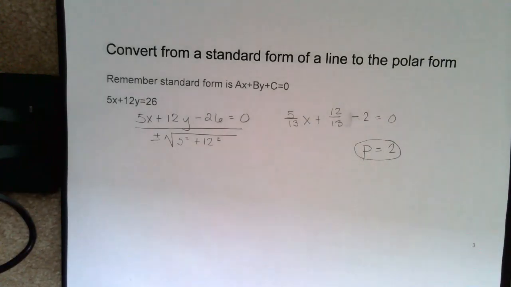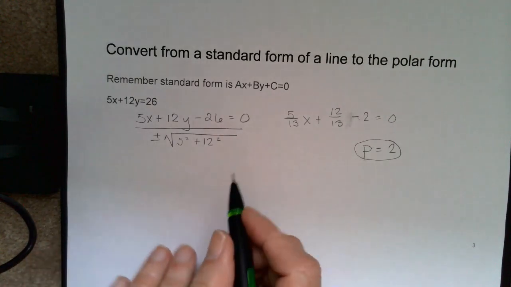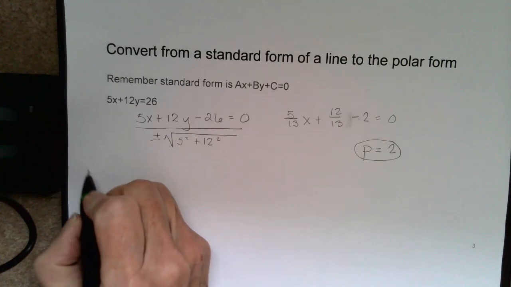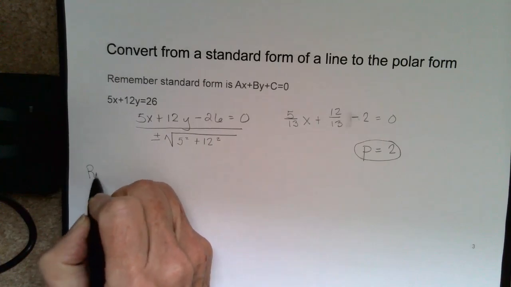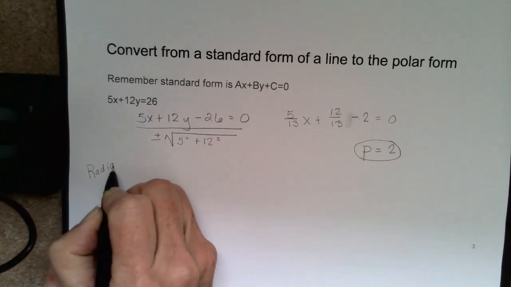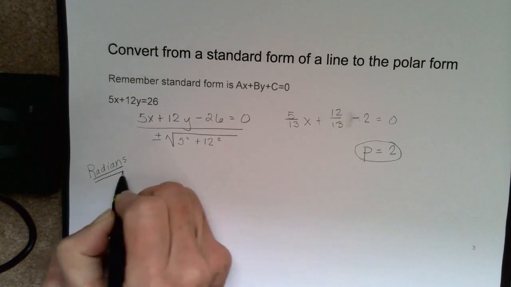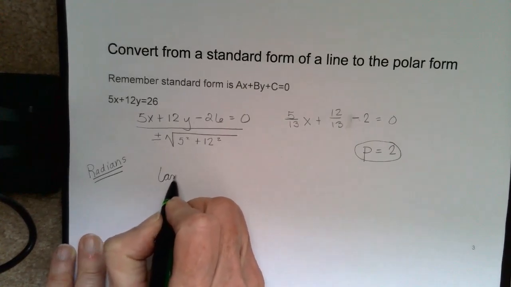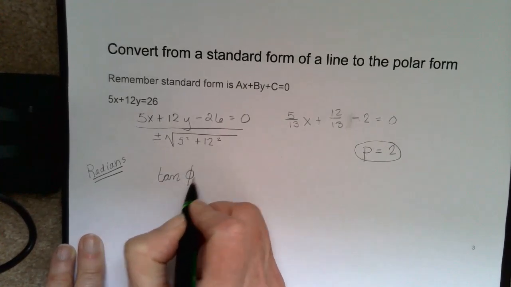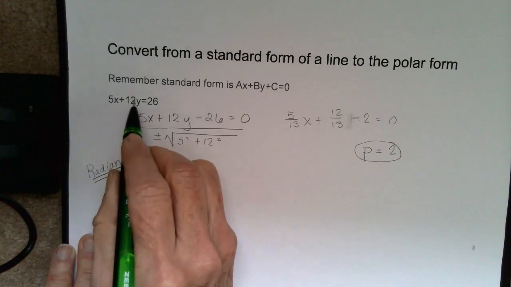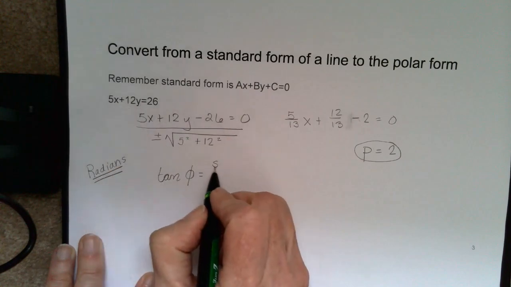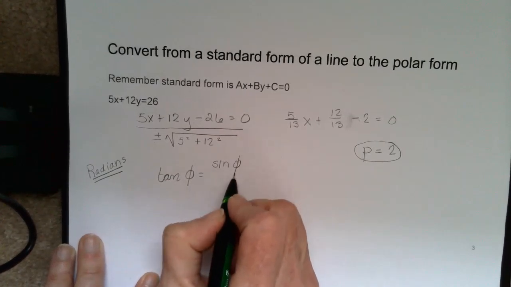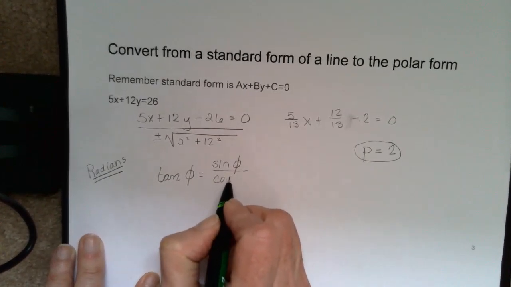So that's part of what I need. Now I have to figure out what my phi is. I'm going to have to make sure that my calculator is in radians, so go to your mode and change that if it's not there. The tangent of phi is equal to the sine of phi over the cosine of phi.